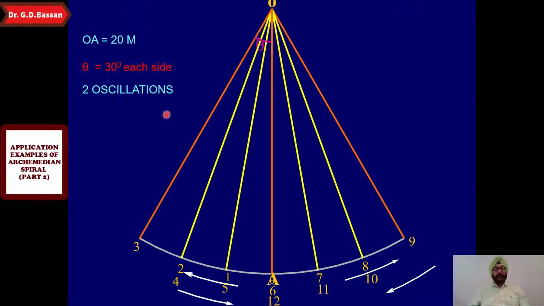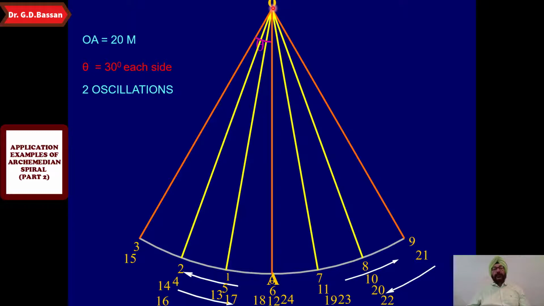As it has 2 oscillations, again we give the numbering in the same direction as 13, 14 and 15. 16, 17 and 18 will again be the vertical position, and on the other side 19, 20, 21, and again going back to the OA position, that is 22, 23 and 24. So this is how for two oscillations we divide the total angular oscillation into 24 equal divisions.